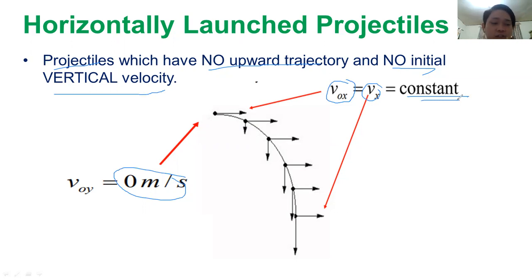That also means that the initial horizontal velocity, V sub OX, is equal to the final horizontal velocity. That's why they are constant. Again, this illustration shows that the initial horizontal velocity is equal to the final horizontal velocity. I hope you can relate to this.